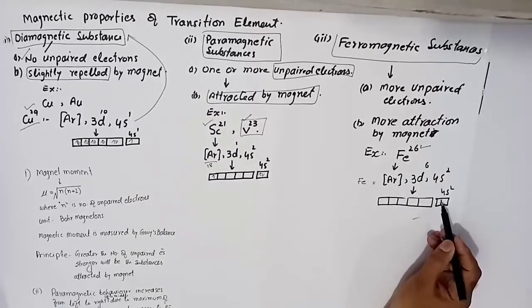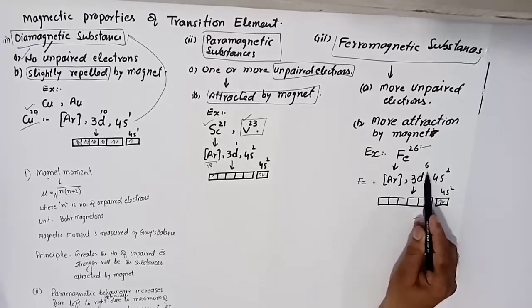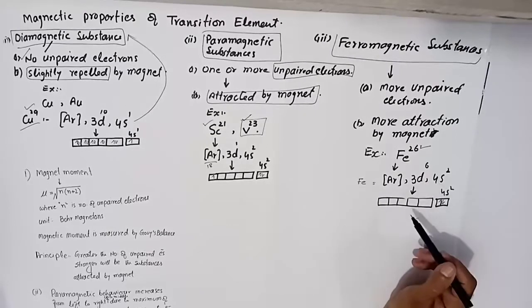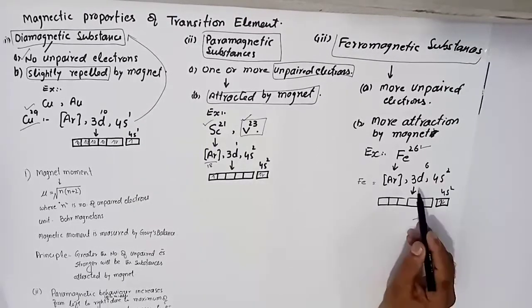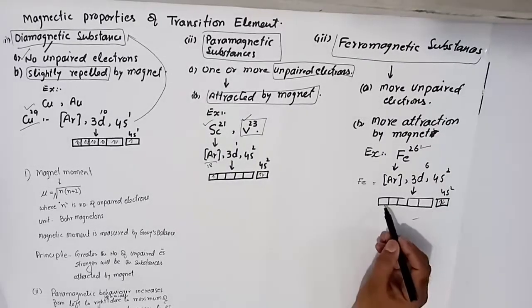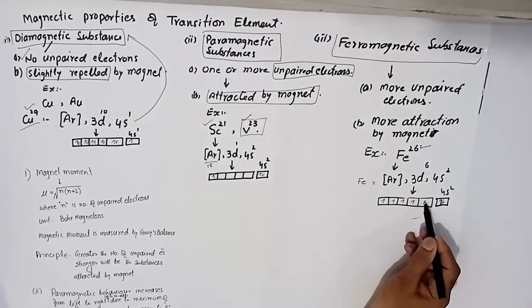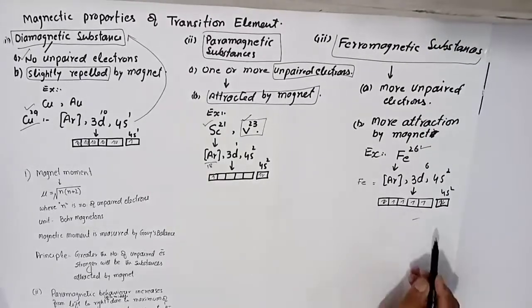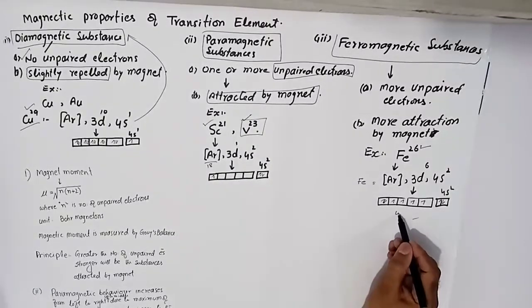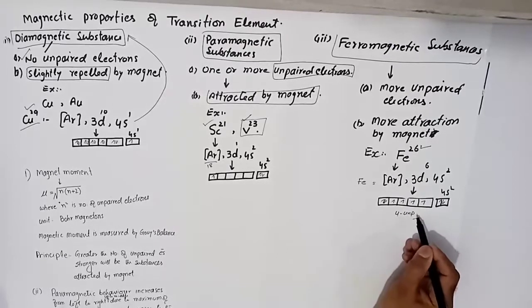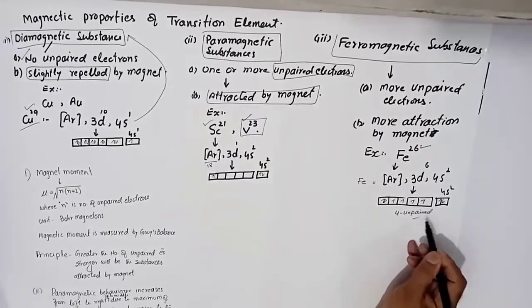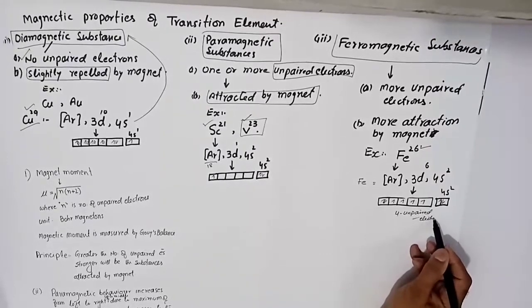Now 2 electrons occupy the 4s2 position and the rest of the 6 electrons distribute themselves in 3d orbitals like this: 1, 2, 3, 4, 5 and 6. So we have 4 unpaired electrons, 4 unpaired electrons in d orbitals.